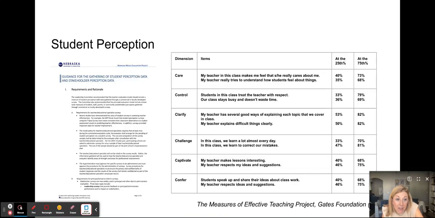What the MET uncovered is that students do recognize effective teaching and are able to give that accurate feedback when they experience effective teaching. And it also illustrates that students in the classrooms of effective teachers also achieve at a higher level.